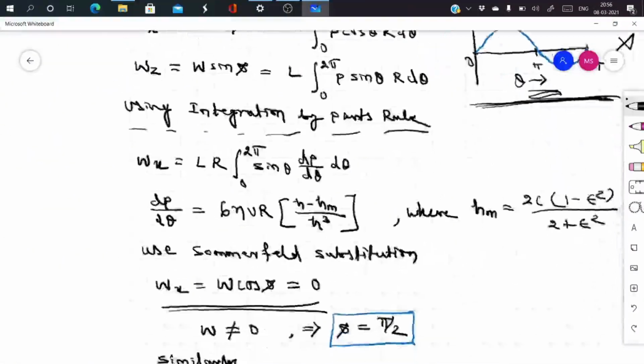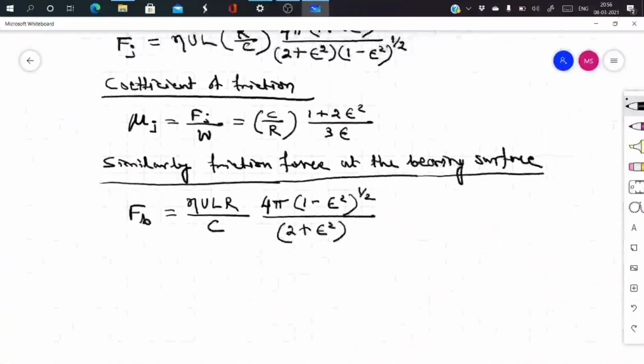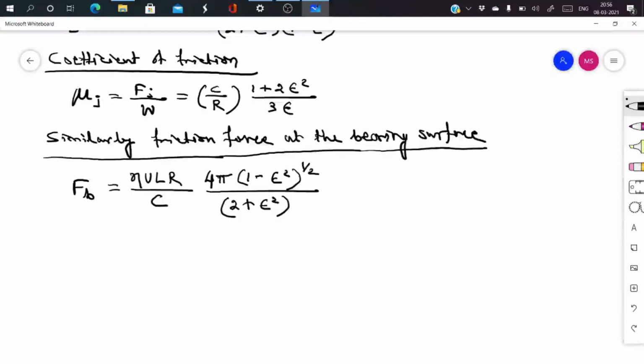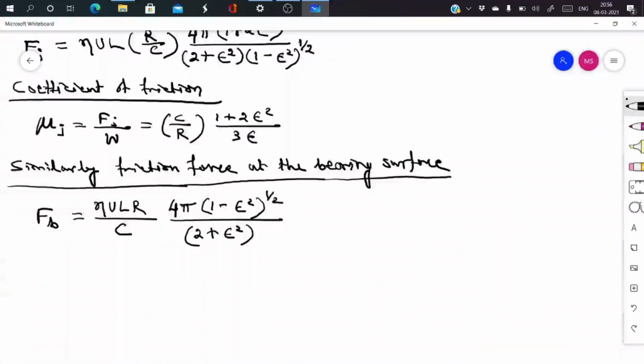Now if you make a line here, this is the line connecting the journal center and the bearing center. Okay, so this is the bearing center and this is the journal center. Now this is the end of the journal, and this is the end of the bearing, and this is the gap.